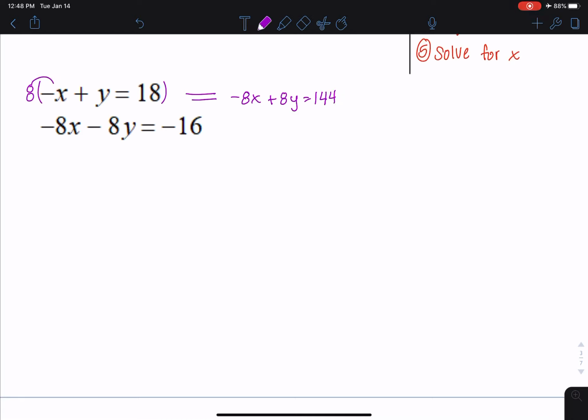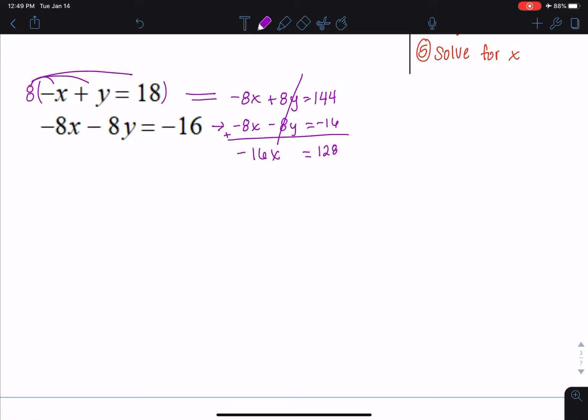So I distributed 8. And that works because now I have negative 8x minus 8y equals negative 16. And if I add those two equations together, negative 8x plus negative 8x is negative 16x. Negative 8y plus 8y, that cancels. 144 plus a negative 16 is 128.